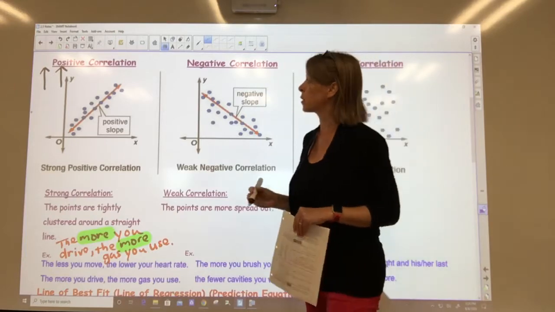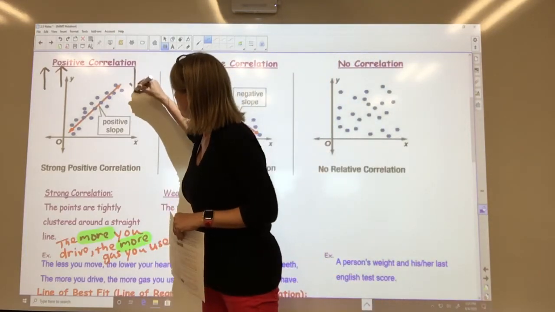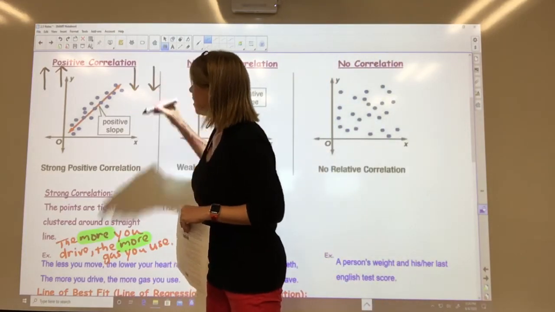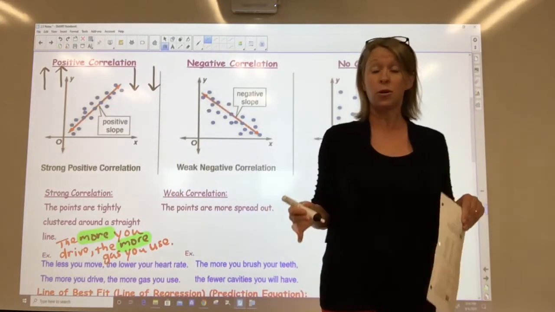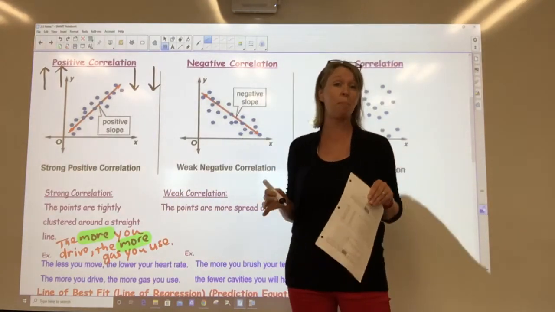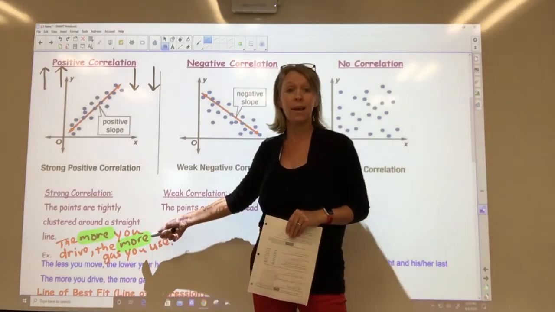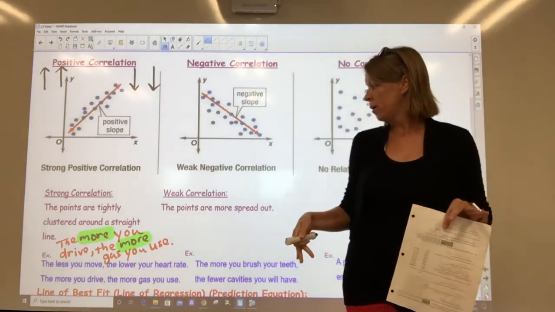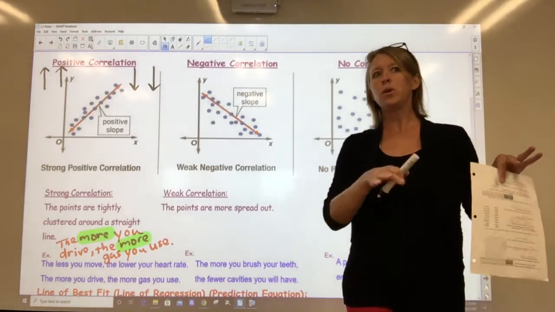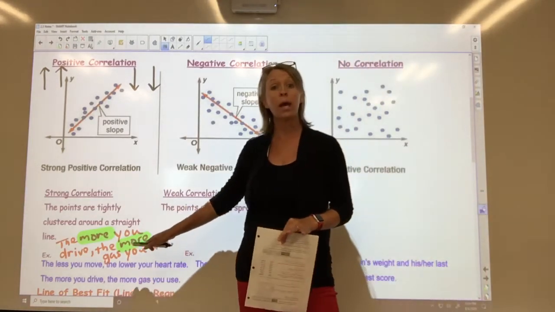It also works this way: if as one variable decreases, it causes the other variable to decrease, we would also say that is a positive correlation. So I could rephrase this and say the less you drive, the less gas you use, and that is still showing a positive correlation.